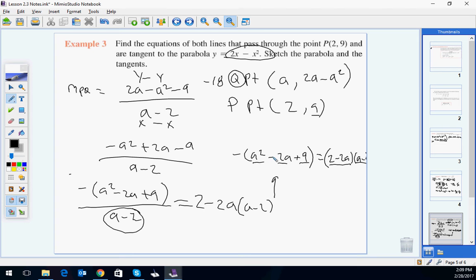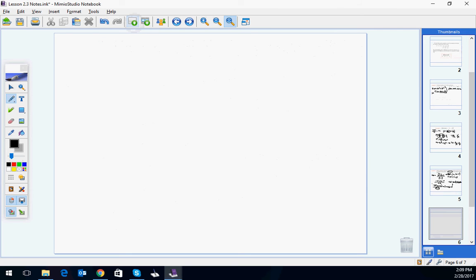Is everybody okay? Everybody have it down? Okay. So it's going to be, I'm just going to write the negative a squared minus 2a plus 9, right? Equals 2 minus 2a times a minus 2.